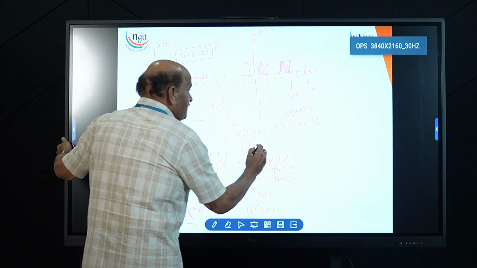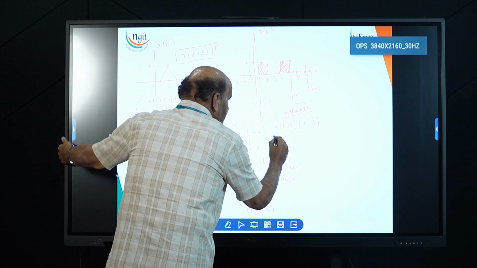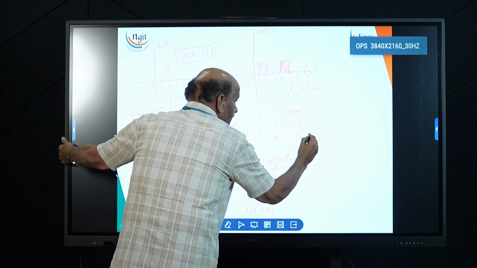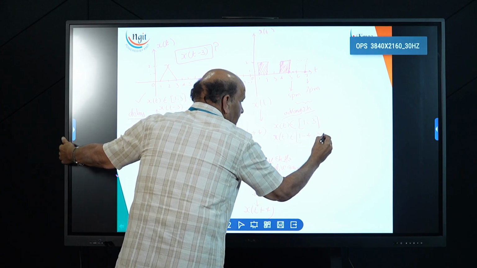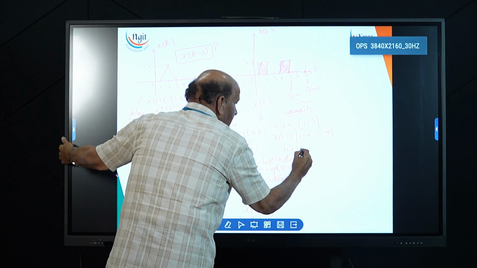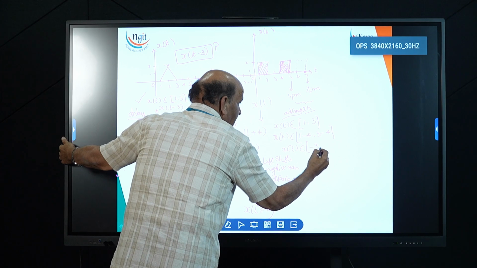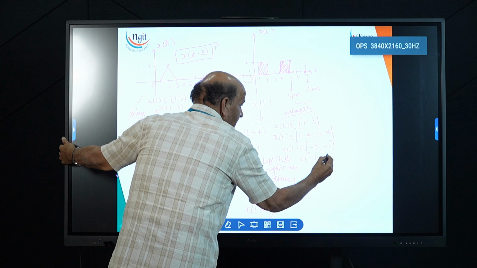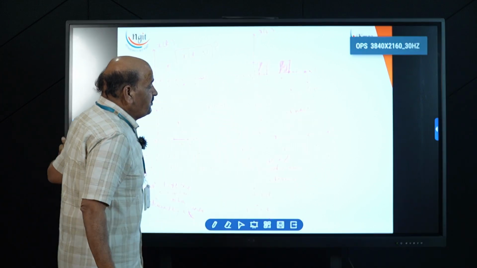The new x of t belongs to how many units? 4 units. 1 minus 4, 3 minus 4. That means the actual period is equal to what? Minus 3 to minus 1. So that belongs to minus 3 comma minus 1.